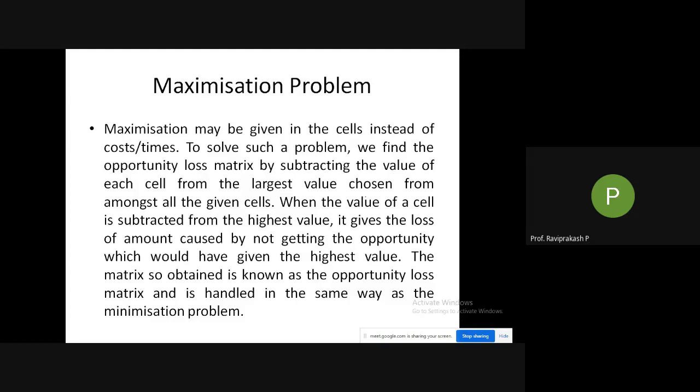In LPP also there is maximization and minimization, and the same for transportation and assignment. So first find out what kind of problem it is, then check whether they ask for maximization or minimization, then whether it is a balanced or unbalanced problem. Make the necessary changes, then start with the procedure.